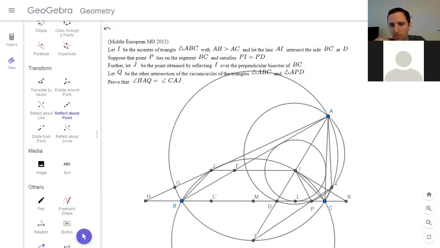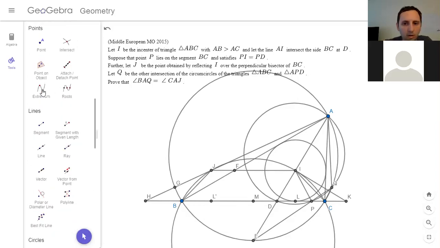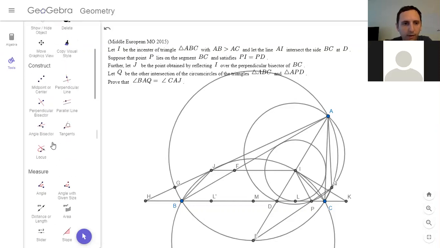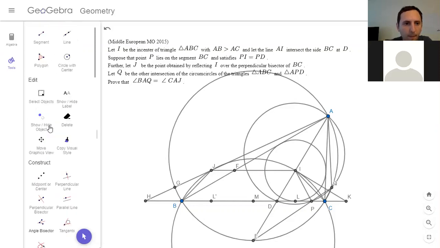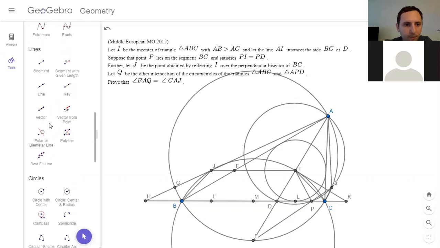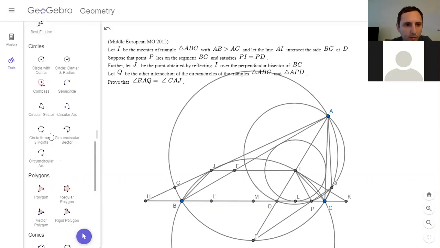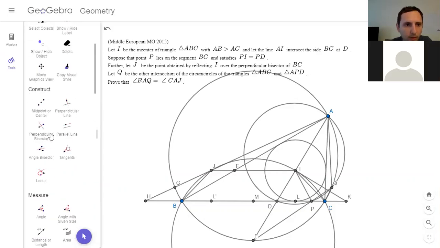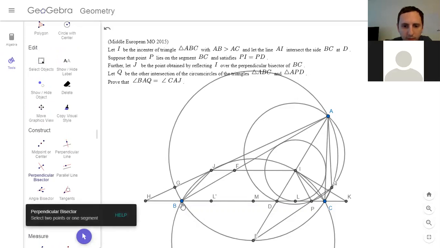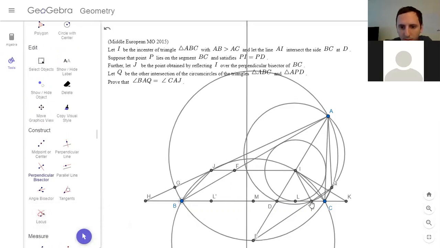Can you name the intersection of the perpendicular bisector of BC and IJ? BC and IJ. Yes. One second. Here's the perpendicular bisector. No, BC, yeah.